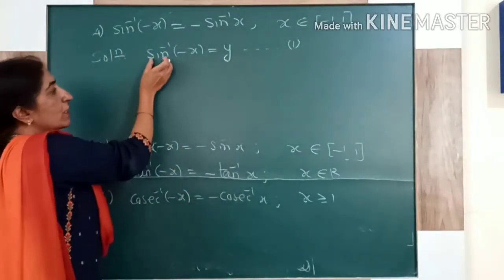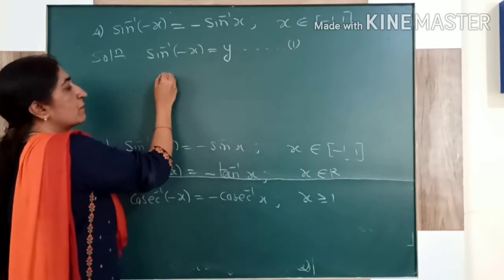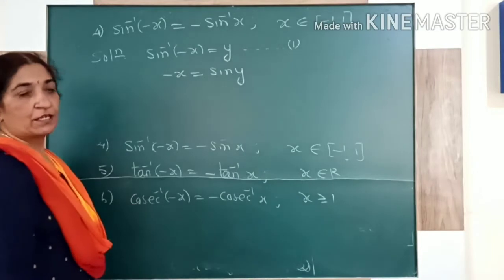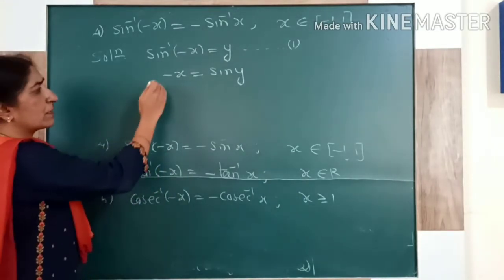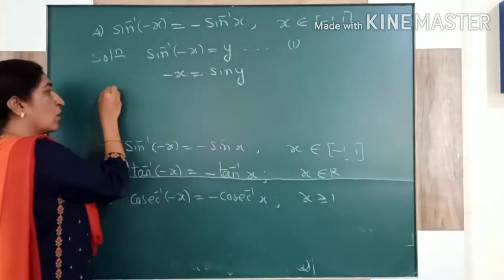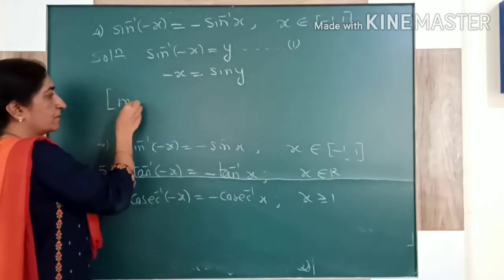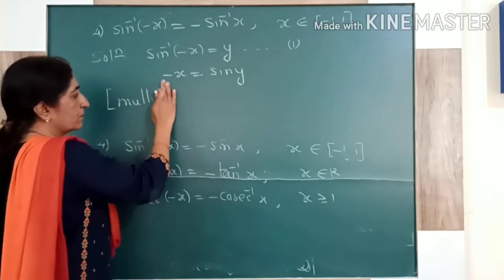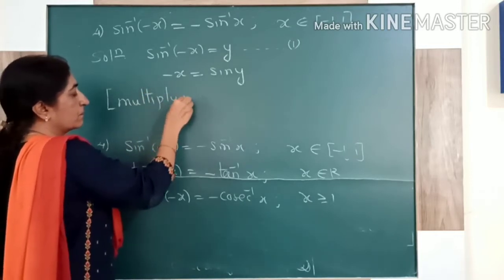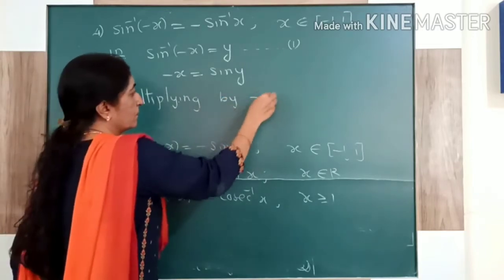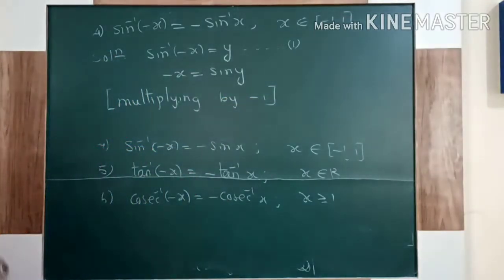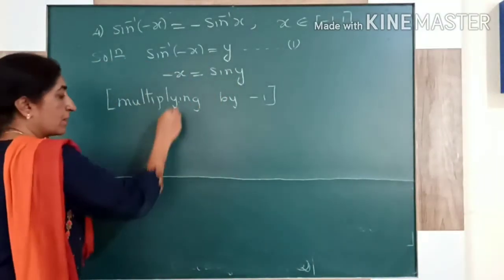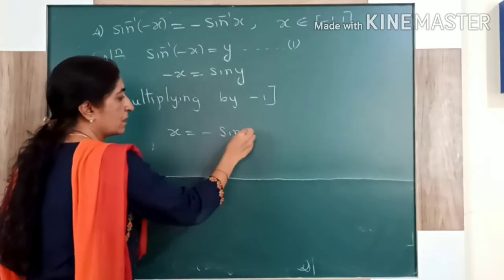If you take only the sin inverse part to this side, it will be written as sin y is equal to minus x. Multiplying by minus 1 on both sides, this will be minus sin y is equal to x.